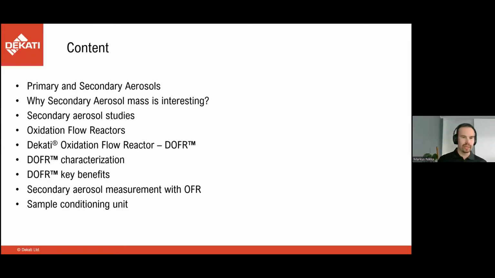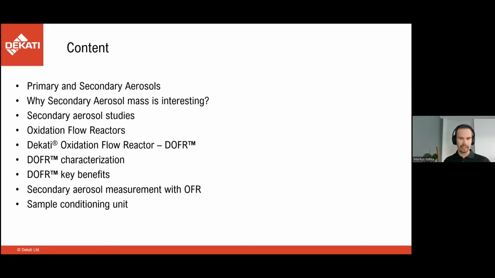Then we look at the methods for how secondary aerosols can be studied. Then we focus on oxidation flow reactors and the Dekati oxidation flow reactor in more detail. Then some measurement results from our instrument, done in the lab environment.